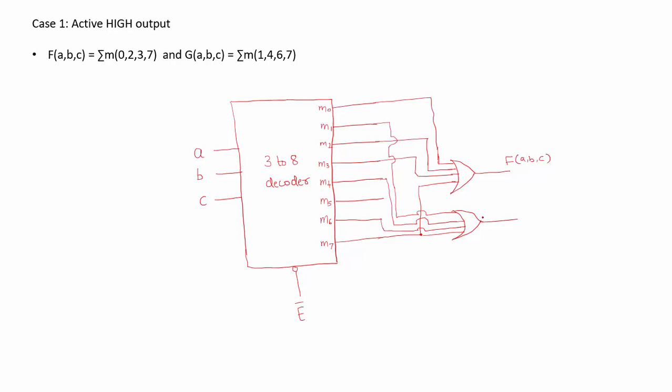So the output of this OR gate is G. Let us take the same example and see how do we solve it in case of an active low output.